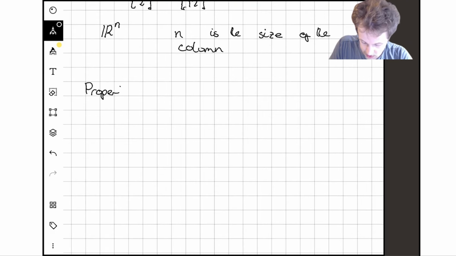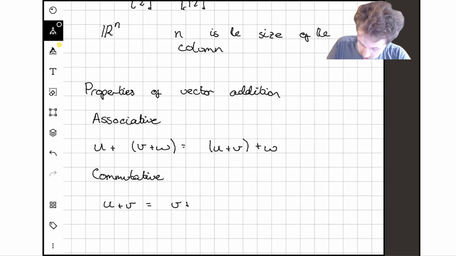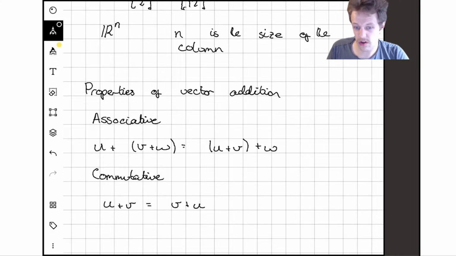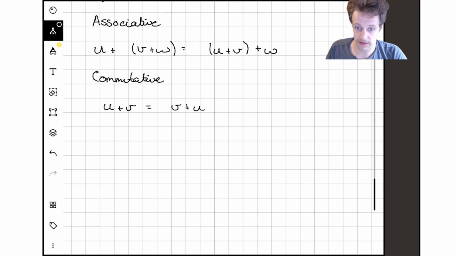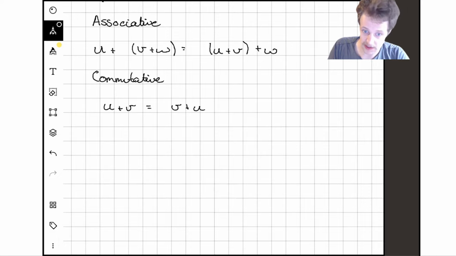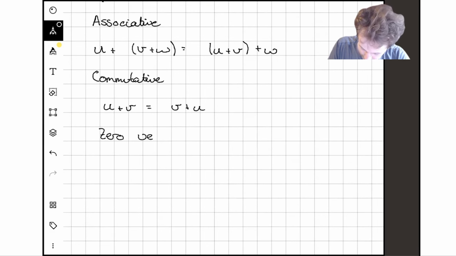The second property is that it has to be commutative. And this says that u plus v is the same as v plus u. We can swap the order in which we do stuff. So it doesn't matter whether we do 5 plus 2 or 2 plus 5, we get the same answer. The next property we need is a bit weird, and it says that there is a zero vector.